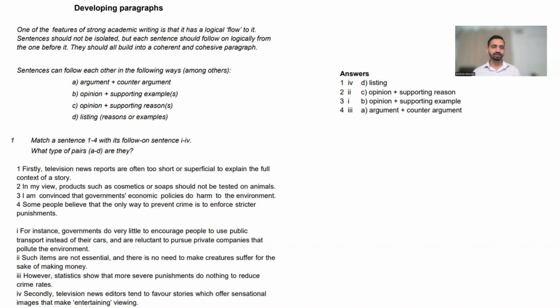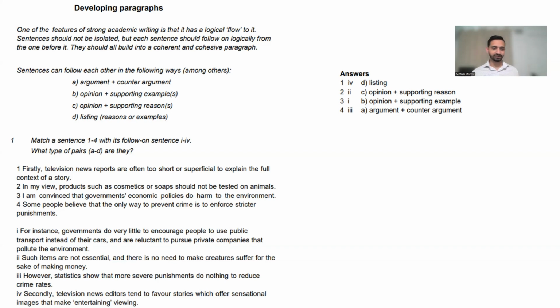Let's look at sentence number 2. In my view, products such as cosmetics or soaps should not be tested on animals. So the follow-on sentence here is: such items are not essential, and there is no need to make creatures suffer for the sake of making money.